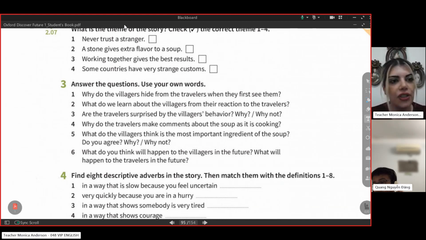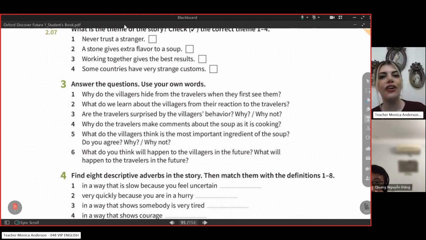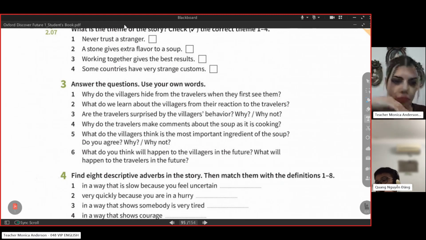But then, because the villagers, the people who live in a village, normally work together, at the second step they try to help foreigners make something. So they're really kind in spite of being a little shy. Yeah, I agree with you.